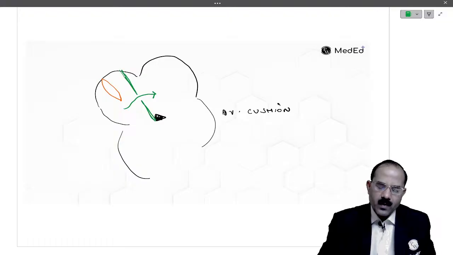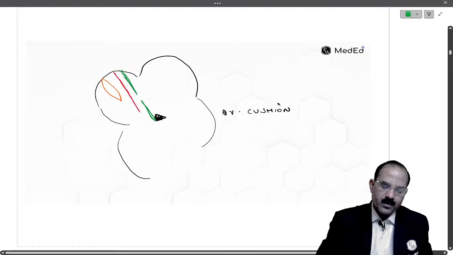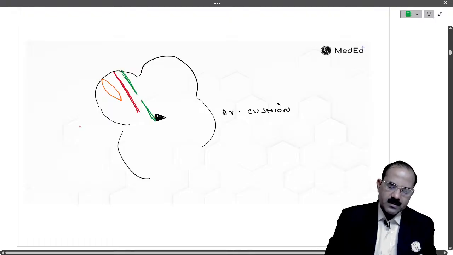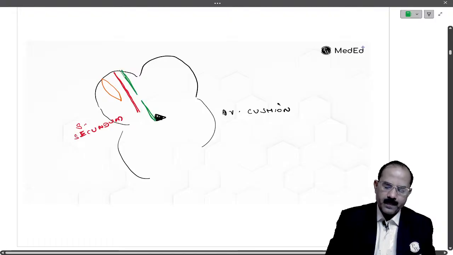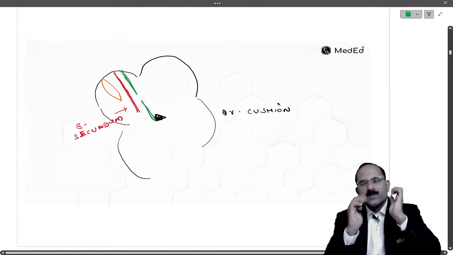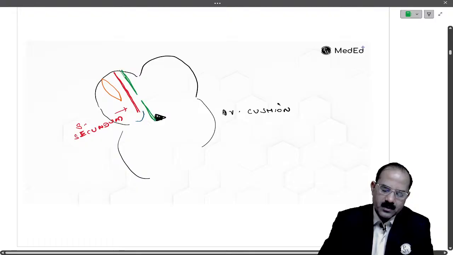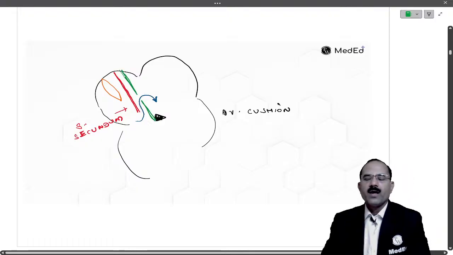Now, another septum starts to grow from the wall of the atrium. What is this septum known as? This is known as the septum secundum. The septum secundum comes and lies next to the septum primum, and this opening is now known as the foramen ovale.